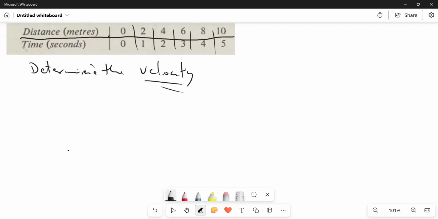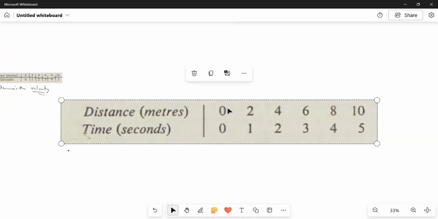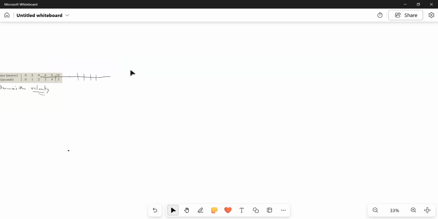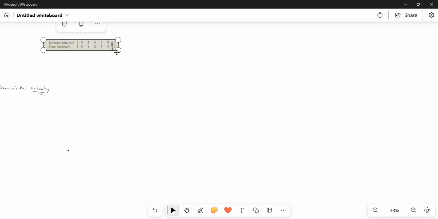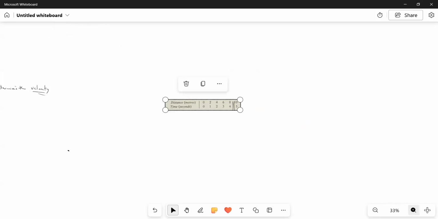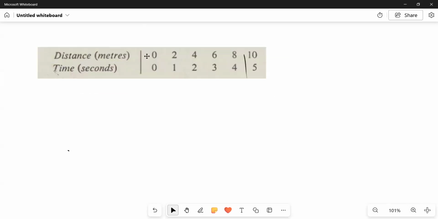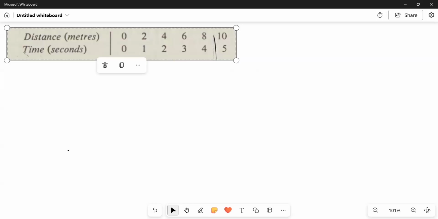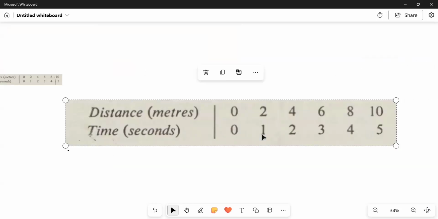Good. So let me bring the graph over. For some reason, this whiteboard is not behaving the way it usually behaves.